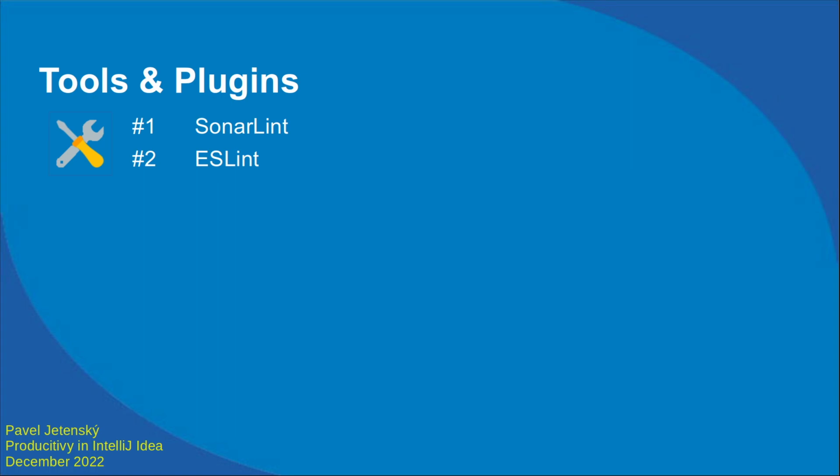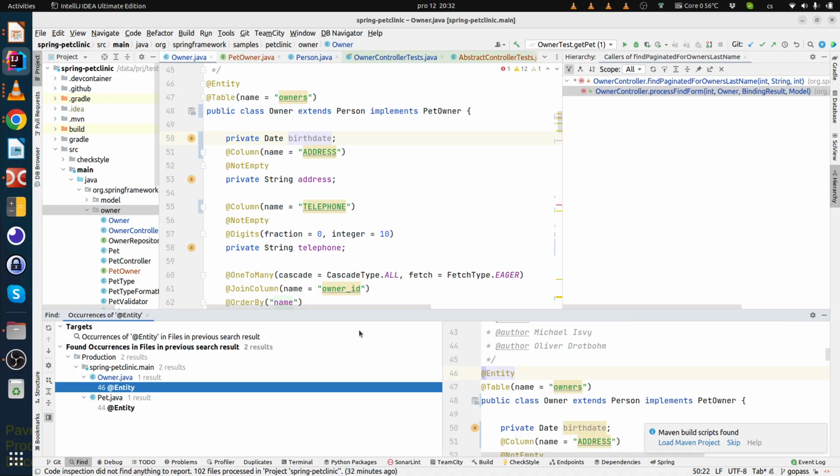SonarLint can be installed as a plugin into IntelliJ IDEA, and ESLint is a plugin enabled in IDEA by default, however only in Ultimate Edition. Let's see how great a help a linter can be to your development experience and development results.